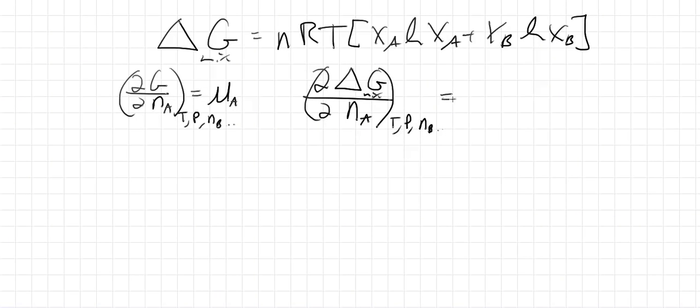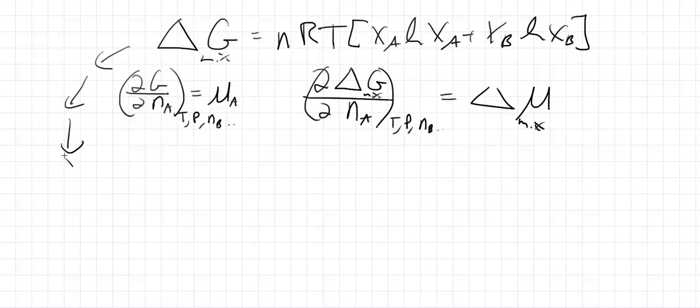That would give us how much the chemical potential changes with mixing. It took me a couple pages of algebra, so I'll skip that and just give you the result.